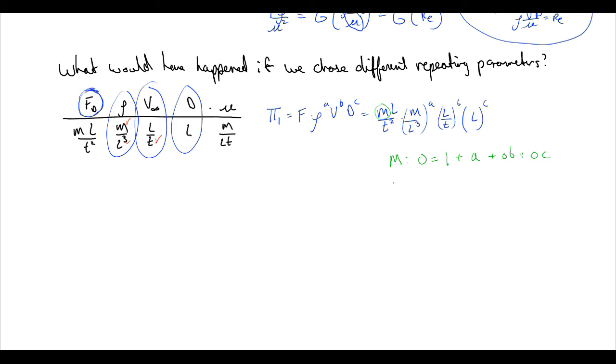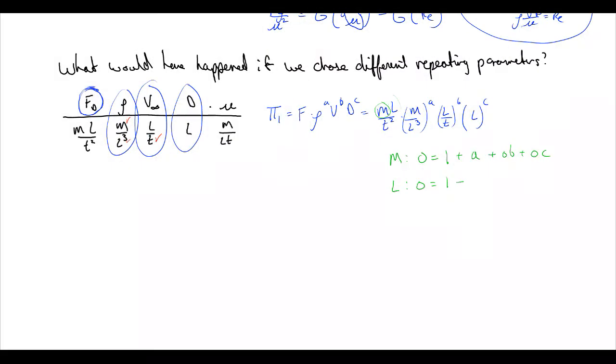Let's do length. 0 is equal to, we have a length on top, so a positive 1, plus we have L to the negative 3 times a, so that's a negative 3a. We have an L on top, so that's L to the 1b, so that's 1b, plus L to the 1c, so plus c.